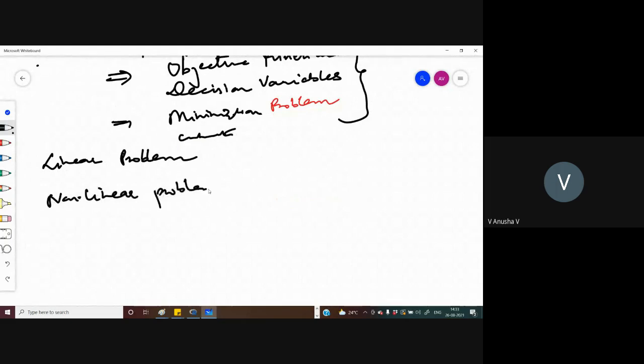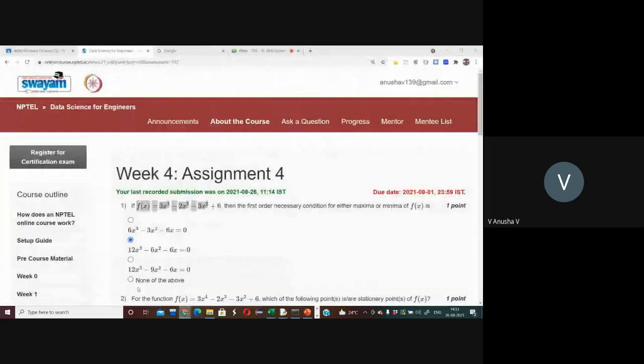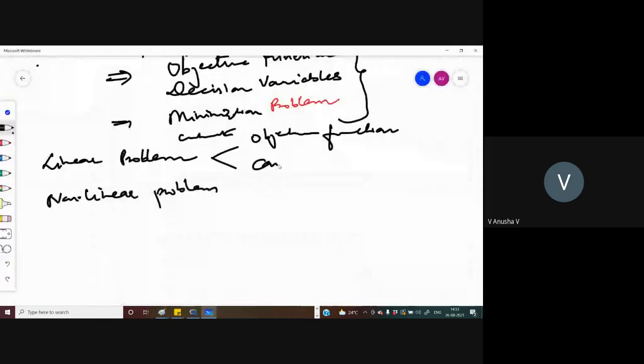In linear problem, how you can say that it is a linear problem is nothing but whenever the objective function and constraints are linear, I can say that the problem is linear problem.